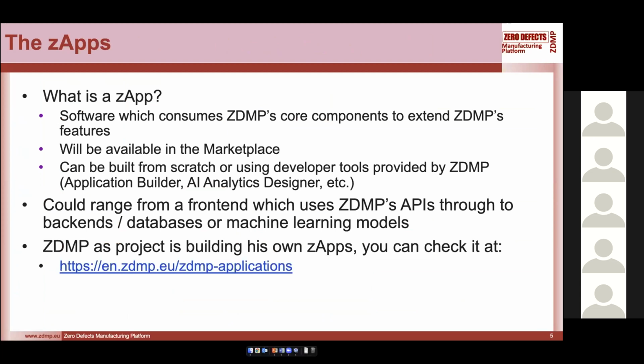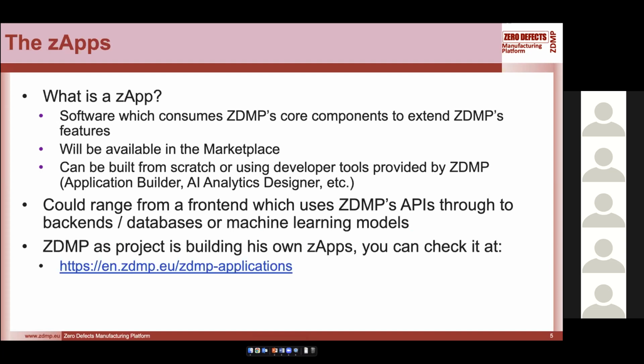Of course, the CApps have some interesting things. For example, they will be available in the marketplace. We have a marketplace in which every user can buy or use your CApp.